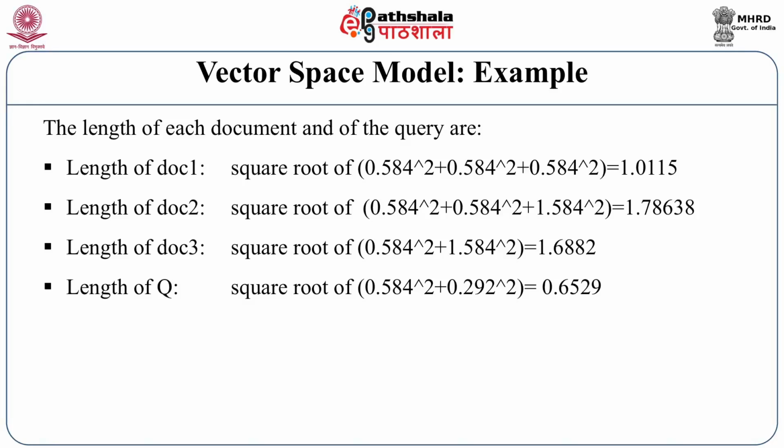After summing these terms, I am taking the square root of it. So it becomes 1.0115. For document D2 it is the same: 0.584 square plus 0.584 square and 1.584 square. So after taking the square root of it, it becomes 1.78638. Likewise I am doing it for document D3 and the query.